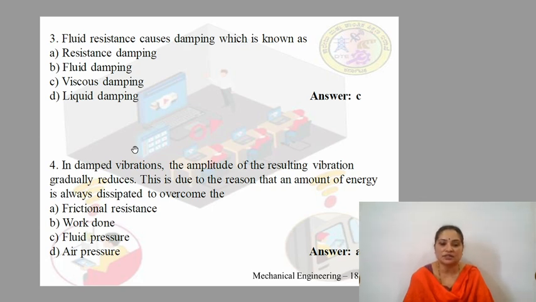This is because the function of the damper is to act as a resistance to the motion. So therefore, among the options given, frictional resistance, it is due to the reason that the amount of energy is dissipated to overcome the frictional resistance. So option A is the right answer.